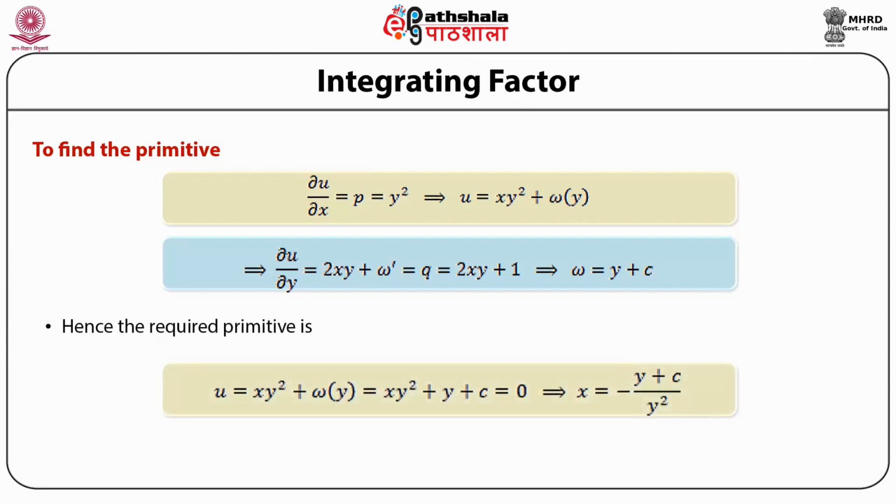Hence, the required primitive is u is equal to xy square plus w of y, which in turn is equal to xy square plus y plus c is equal to 0. This can be solved for x in terms of y. x will be given by x equal to minus (y plus c) divided by y square.